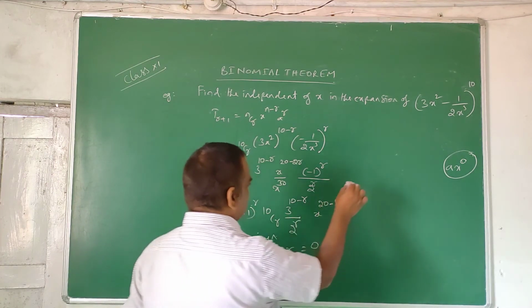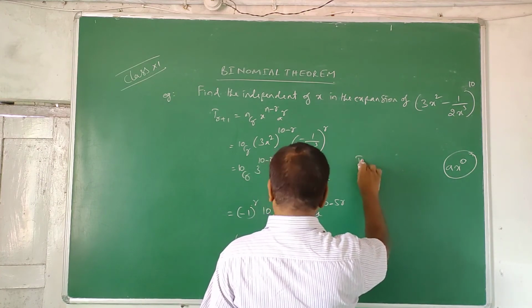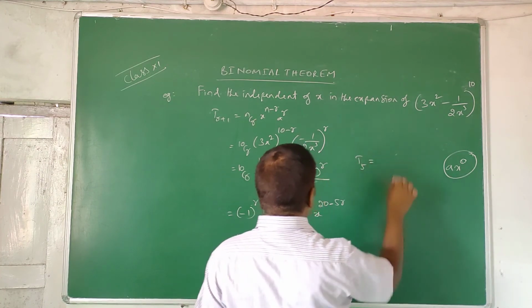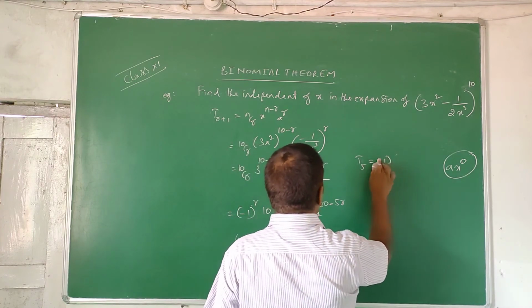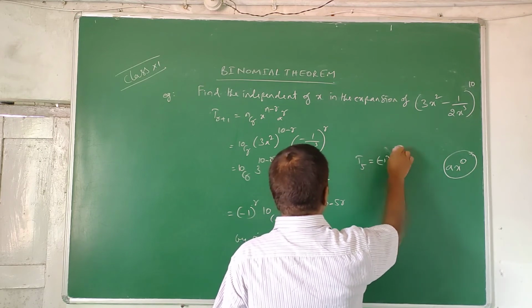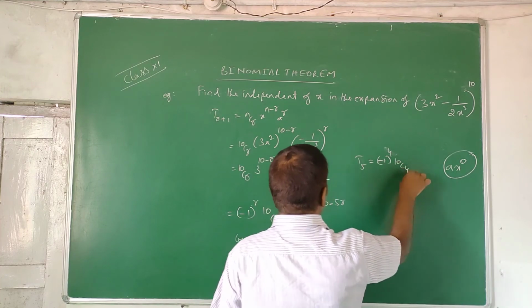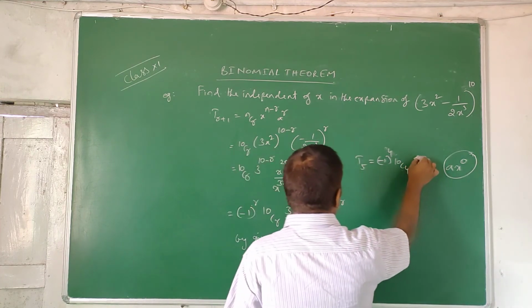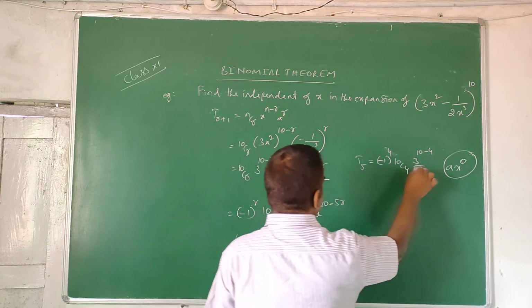Okay, so now the required term is T 4 plus 1, which is nothing but the fifth term, is independent of x, and that fifth term is minus 1 whole to the power of r value 4 into 10C4 into 3 to the power of 10 minus 4 by 2 to the power of 4.